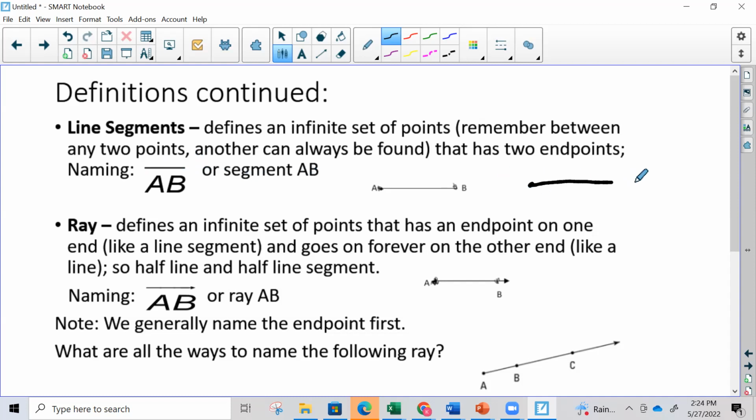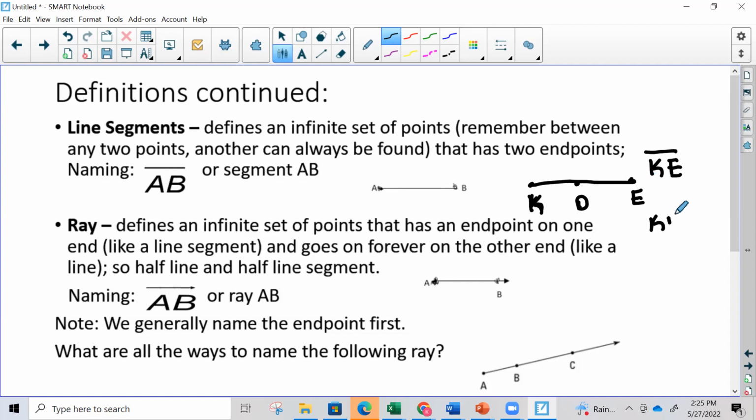Again, if you have a segment like this, you have to name it by the start and end of where you want. So here, I would say KE and then put the segment symbol. That represents the whole thing.